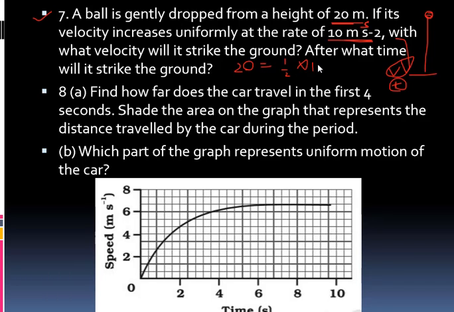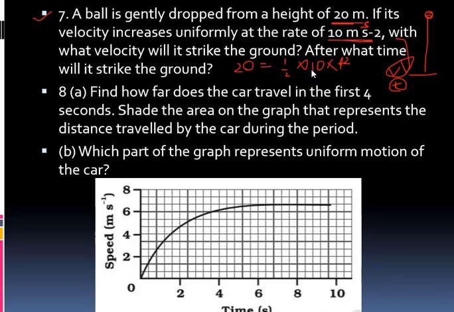So half into 10 into t square. t is not given, so you can solve and find the value of t. If 2 comes here, it becomes 20 into 2, that is 40, divided by 10, that is 4. So t becomes 2 seconds.